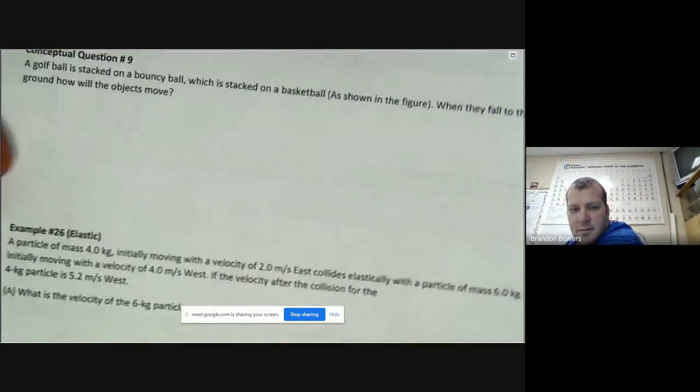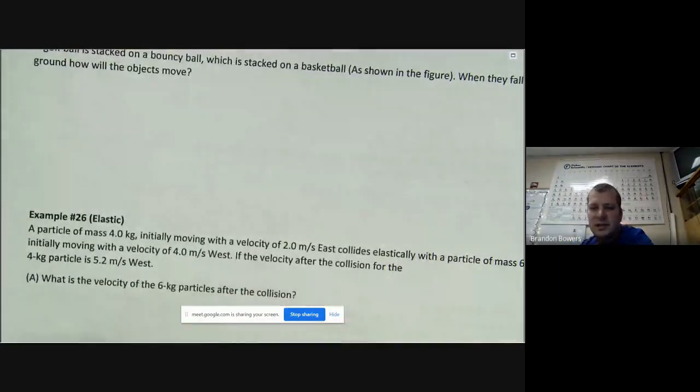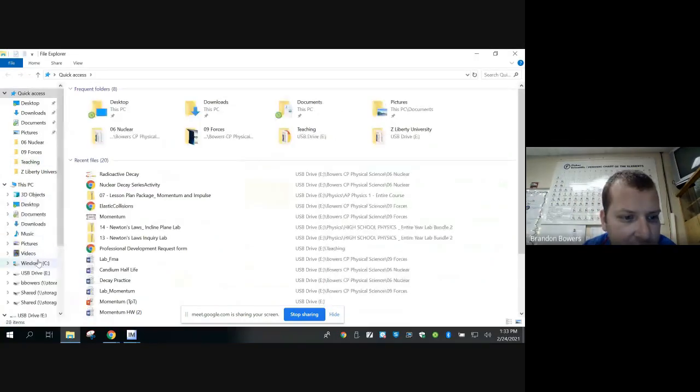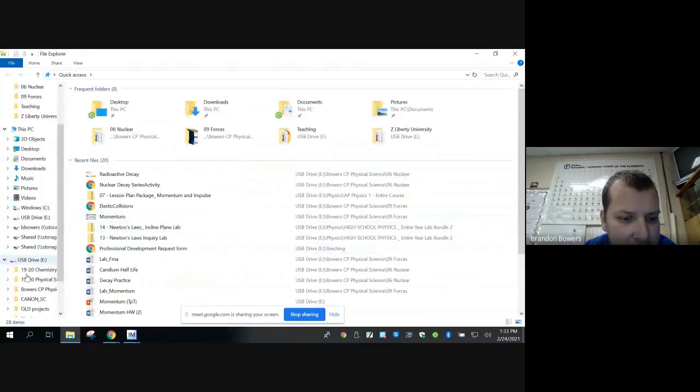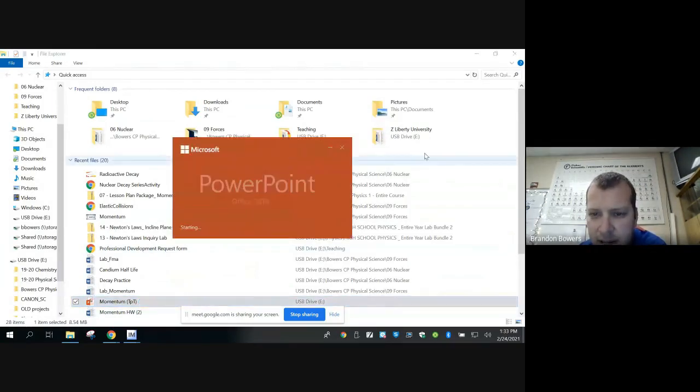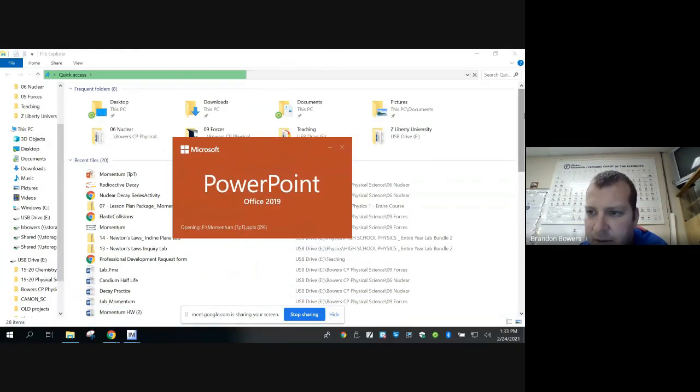There were some notes on this slide. Just some notes I want you to copy down about elastic collisions real quick. And if you want to pause the video, you can do so.